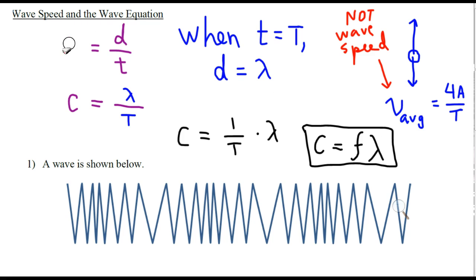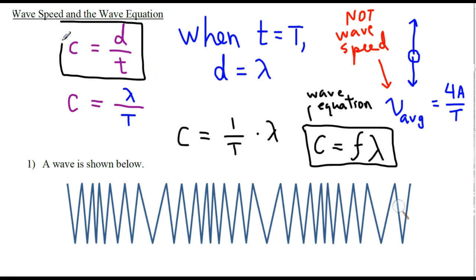Now, I want to point out that there are 2 equations for wave speed. There's the one down here, which is called the wave equation. And then the second equation we can use is this one.